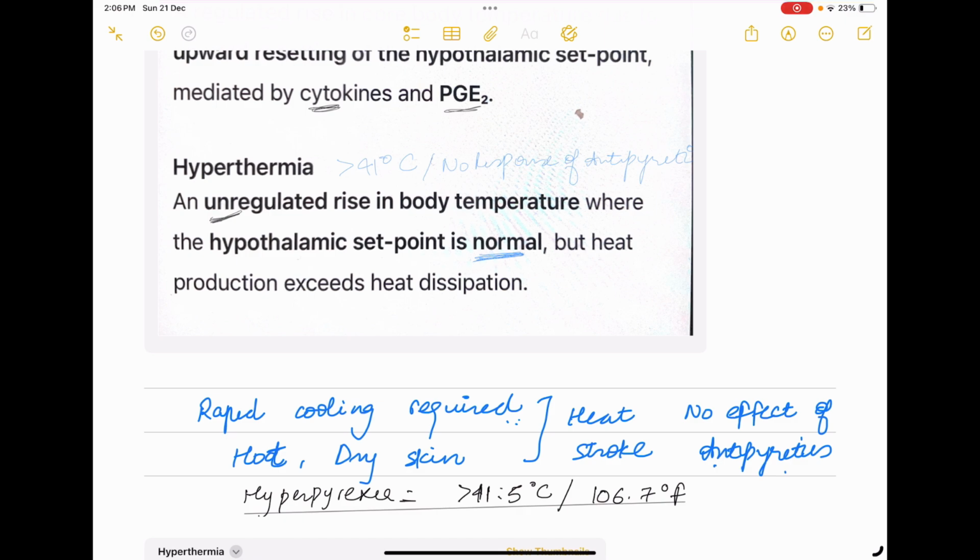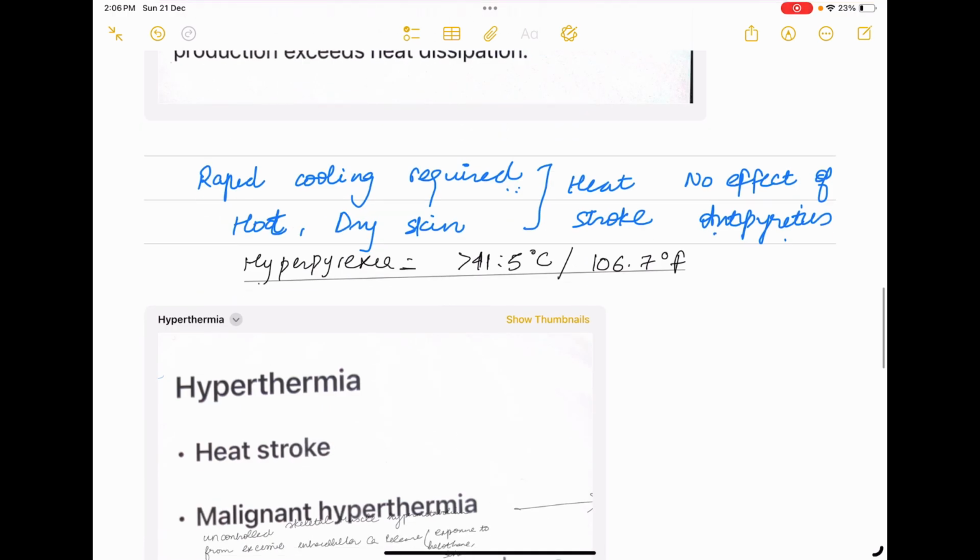So it is an unregulated rise in body temperature where the hypothalamic set point is normal but heat production exceeds heat dissipation. What is our body continuously doing? It is producing X amount of heat and it is losing X amount of heat. But if heat production is more than heat loss, then there will be hyperthermia.